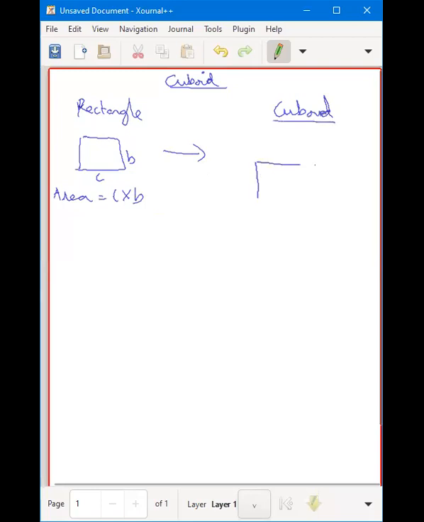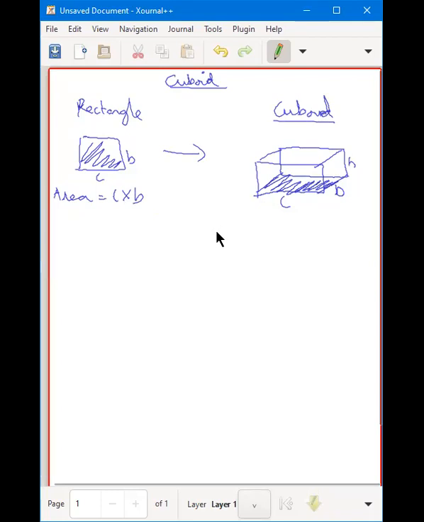It looks like this. You should be able to draw these diagrams because it helps to visualize the problem. So we'll have again length and breadth, and we'll have a height over here. What is happening is this area has become the area of the base of the cuboid. We have just added the height on top.